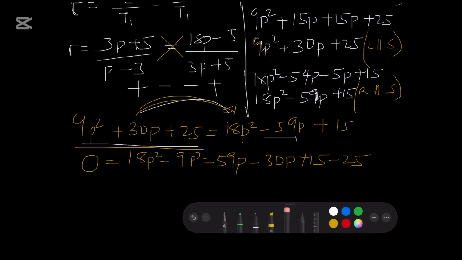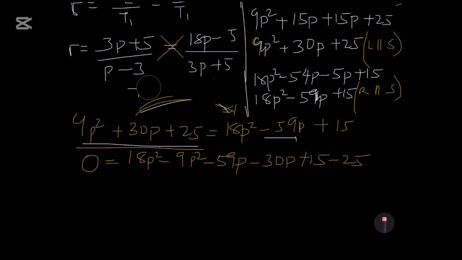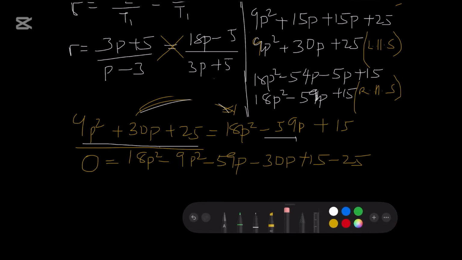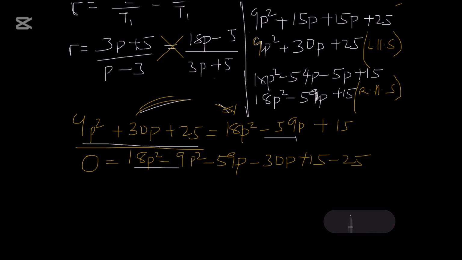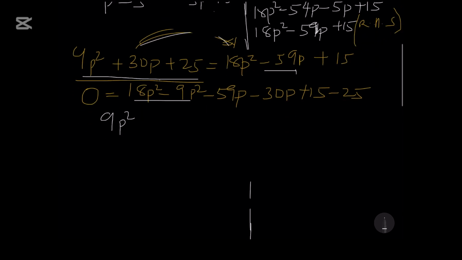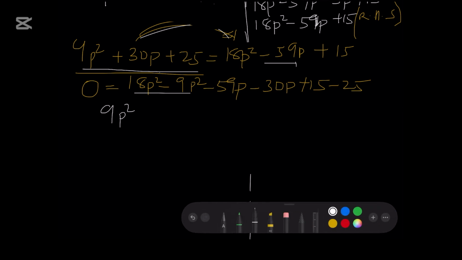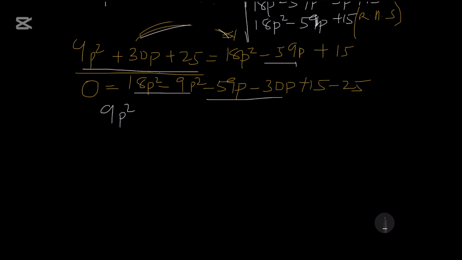So that is just the idea. So now let's continue simplifying. So simplifying this and this will give us 9p square, then simplifying this and this, minus 59 minus 30, that is minus 89p, then minus 10 equals to 0.